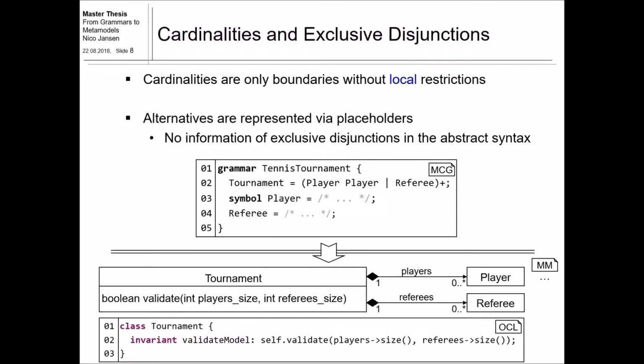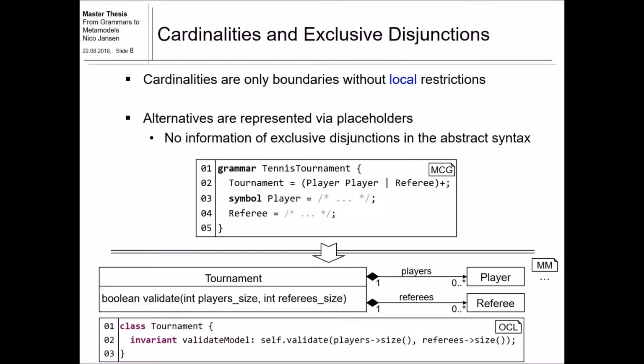The validate method operates on the numbers of instantiations of the corresponding attributes for the class. For the given grammar excerpt, it requires the parameters player size and referee size. The validate method evaluates the validity of the model concerning the local cardinality restrictions of the grammar and the actual number of instantiations for the corresponding attributes.